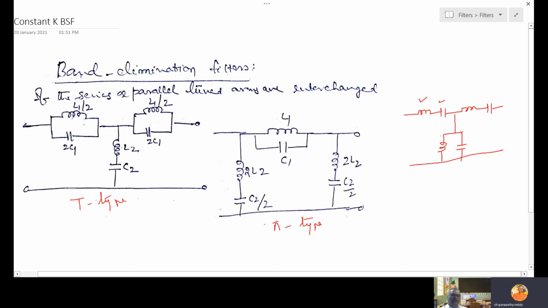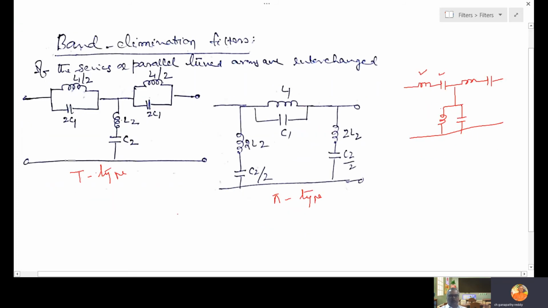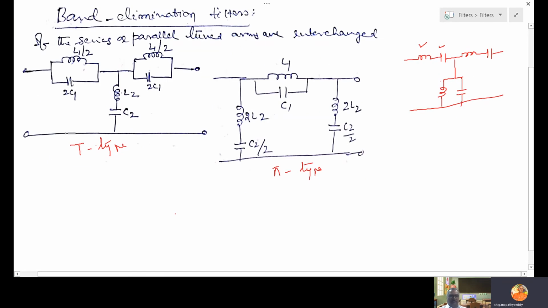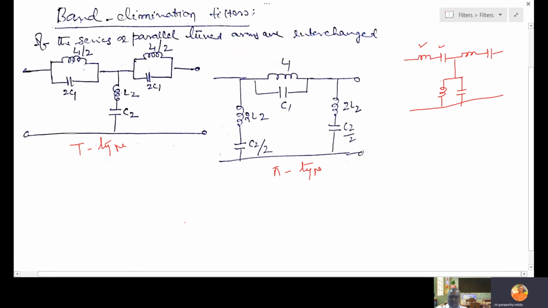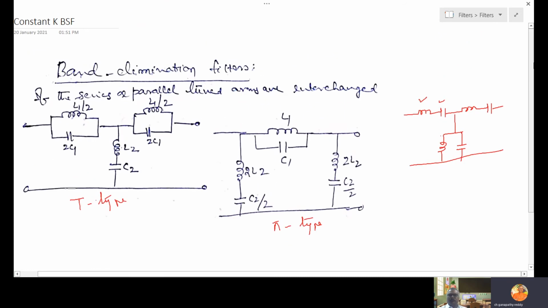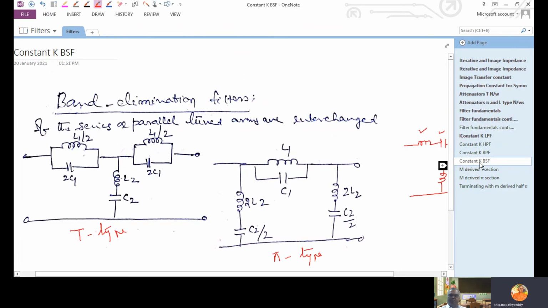So you can follow the same guidelines, draw the same graphs, prove this is a band elimination filter, and accordingly derive those four formulas and design similarly. Most important are constant K low pass, high pass and band pass. Band stop is not so important, but if they ask like this, you have to do it. This is the topic, and in the next class we will study the M-derived filter.